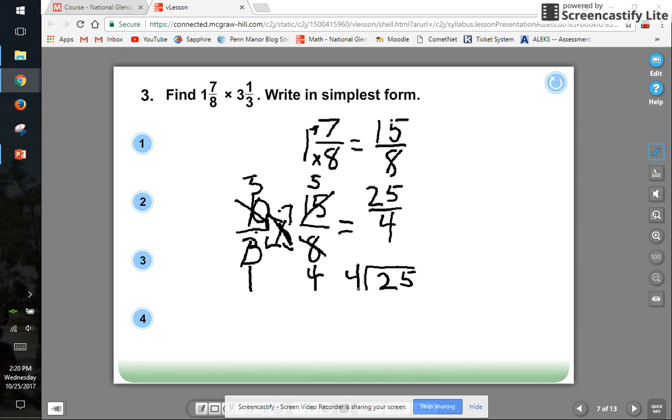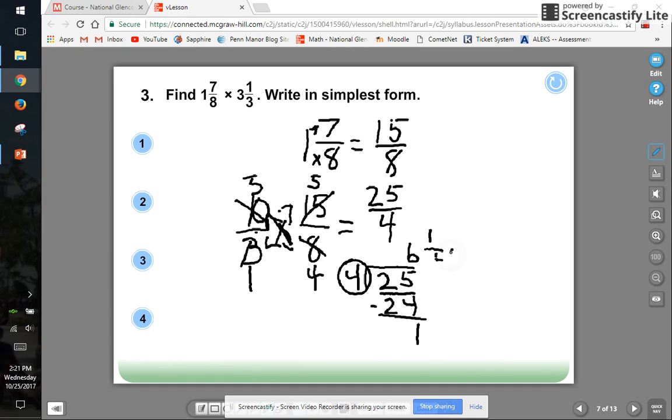Does 4 go into 2? No. How about 25? It sure does. It goes in there 6 times, and 6 times 4 is 24. Subtract, which gives us 1 remaining. That 1 remaining becomes my numerator, and my divisor that I started out with is my denominator.